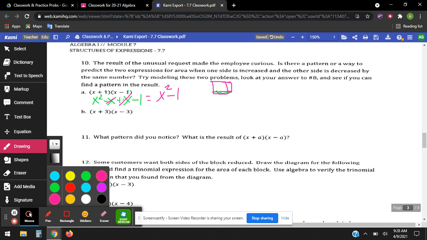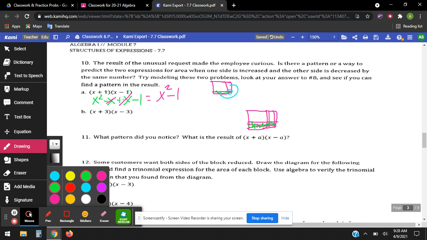Okay, let's check the next one out. Plus 3 minus 3. So this side we're going to extend by 3. And this side, we're going to decrease 1, 2, 3 by 3. Oh, by the way, so again, we had this one be able to replace this, but we're still missing our one box that would be in the corner.